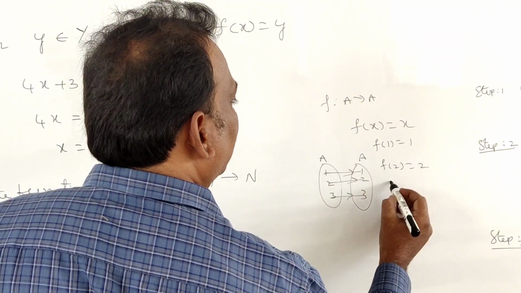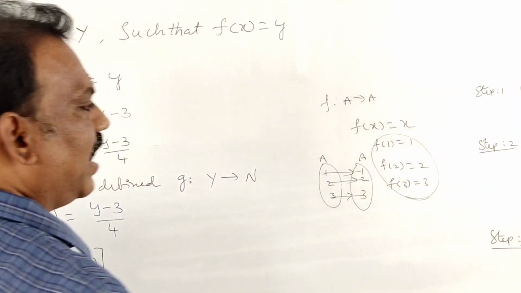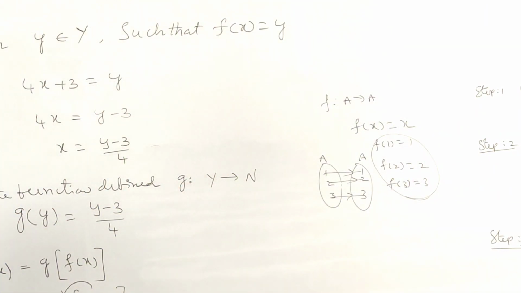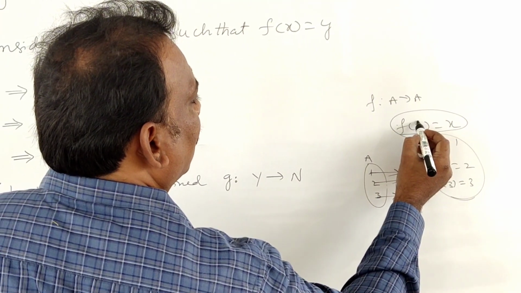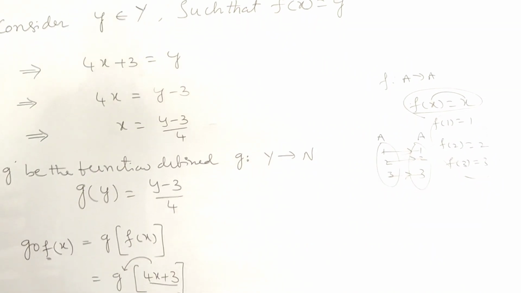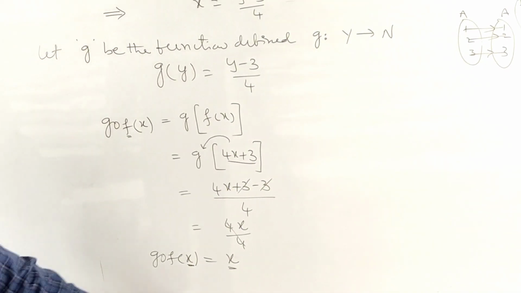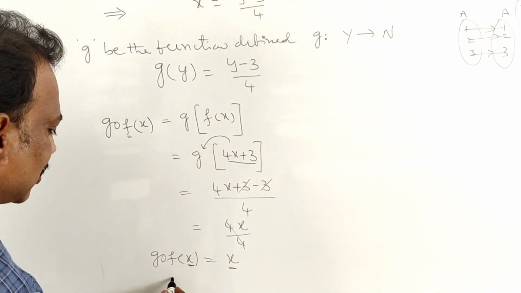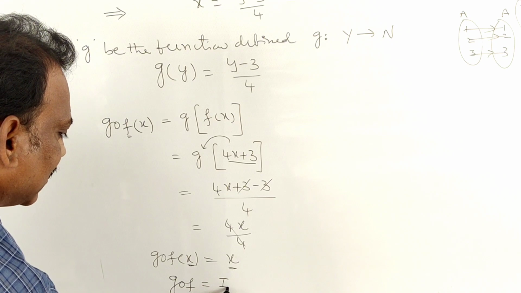Input 2, output also 2. Input 3, output also 3. Then only is it the identity function. Correct or not? So this is f of x equal to x. See, g circle f of x gives x, and nothing but which function is it? Identity function. So I can write g circle f is the identity function.